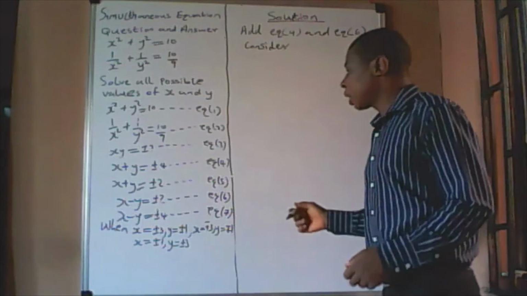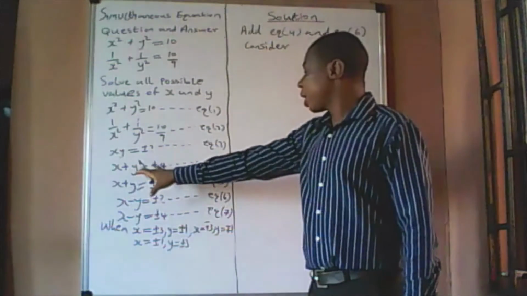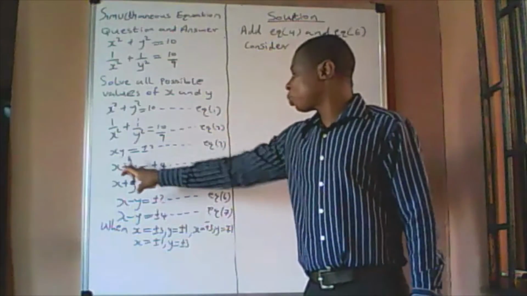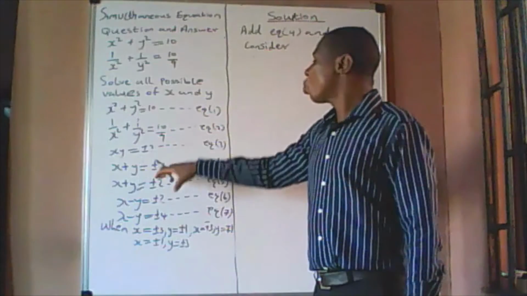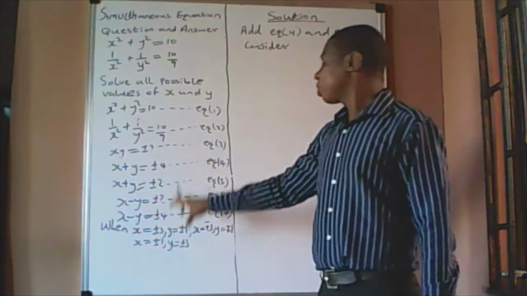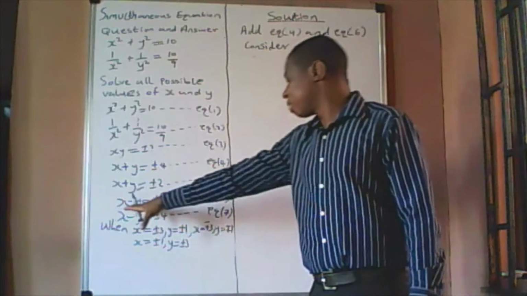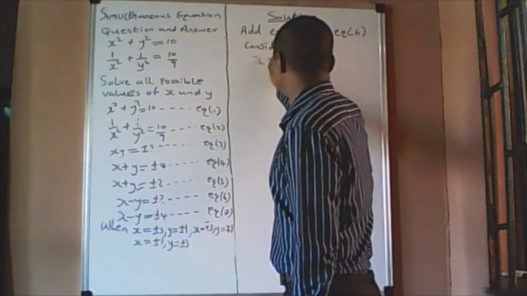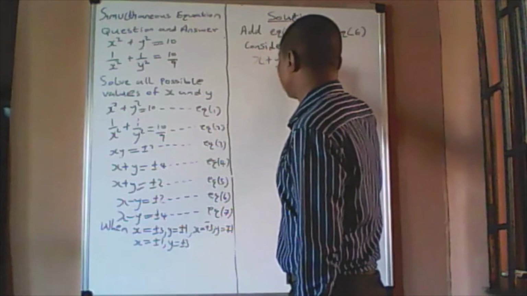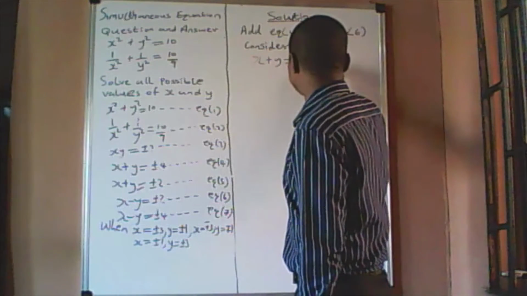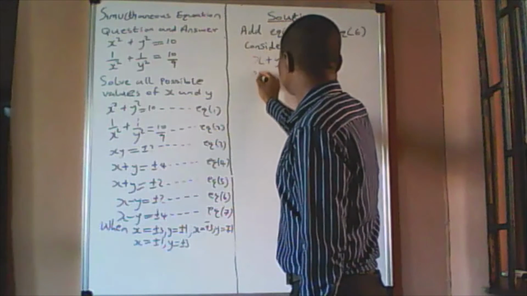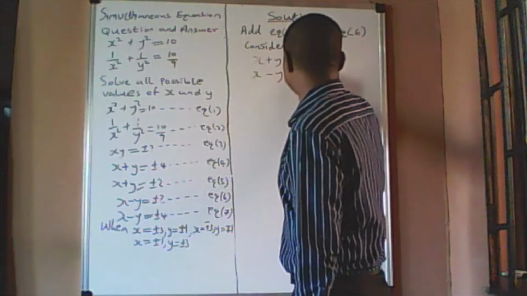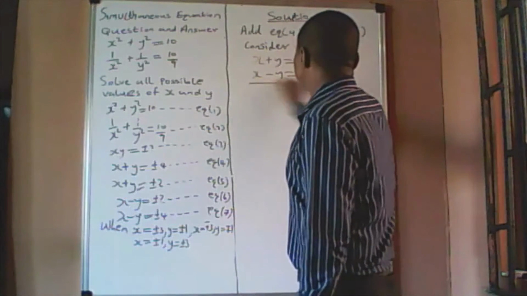We are going to consider here when in equation 4, when x plus y equal to minus or plus 4, then equation 6 still remains the same. We add them.